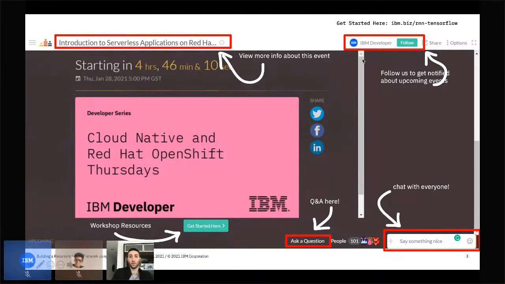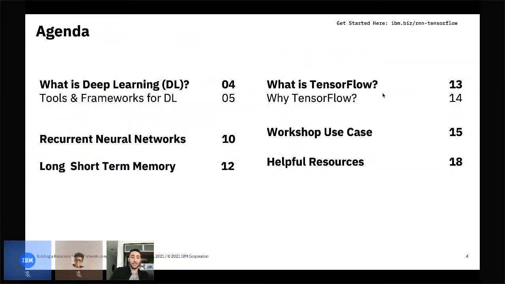Make sure to follow us by clicking the follow button to keep updated with all of our events. For today's agenda, we will start by talking about deep learning. So what exactly is deep learning? We'll move on to its main tools and frameworks that we use these days to build a deep learning model.